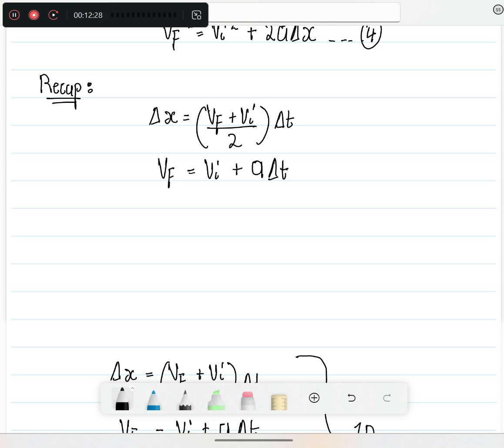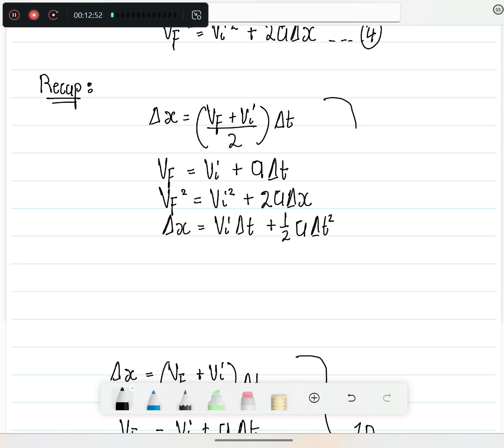And the third equation, I will write it as Vf squared equals Vi squared plus 2a change in x, and again change in x is given by Vi change in t plus 1 over 2 a change in t squared.